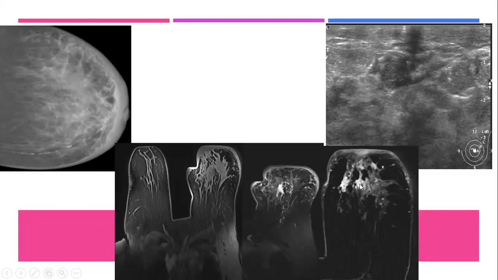But these are larger than a focus. So we have mass-like enhancement, and the enhancement is extensive through the parenchyma, multifocal, clump-like, non-mass-like enhancement. And what else?